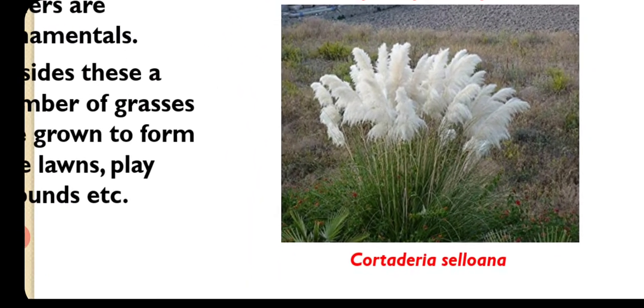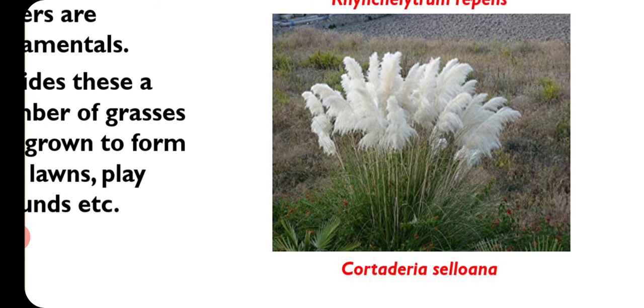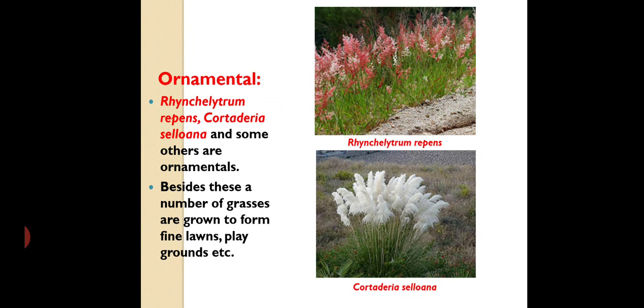Then here it is very familiar, Cortaderia selloana, the grasses which are grown as ornamentals. Okay. Besides these, a number of grasses are grown to form fine lawns and playgrounds.